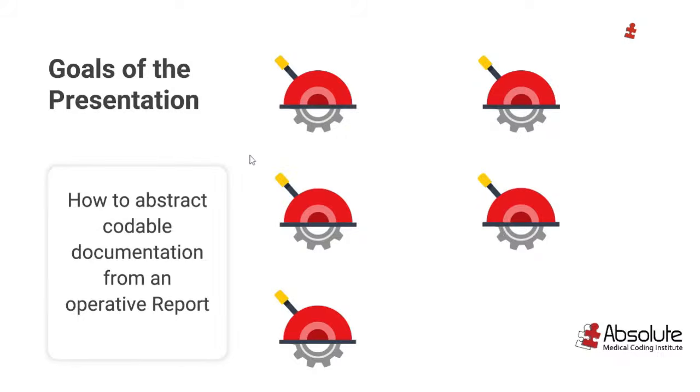Now, let's go ahead and talk about the goals of the presentation. Well, the ultimate goal is to learn how to abstract codable documentation from an operative report. Yes, the real deal. And scenarios too, but operative report. This is the real world. And in this presentation, we're going to do the following.